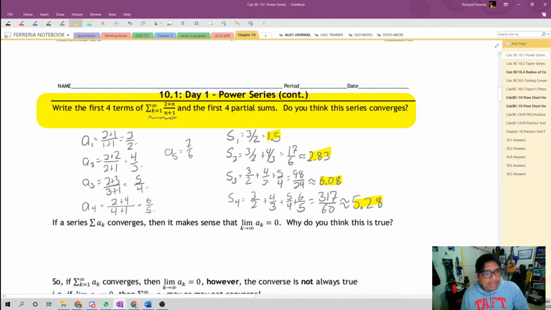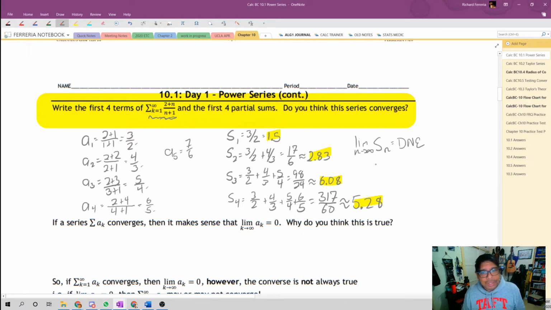Well, it kind of increased from here to here, and then it decreased a little bit. So it's kind of hard to tell. But in all actuality, this limit, as n approaches infinity, of the partial sums, doesn't exist.